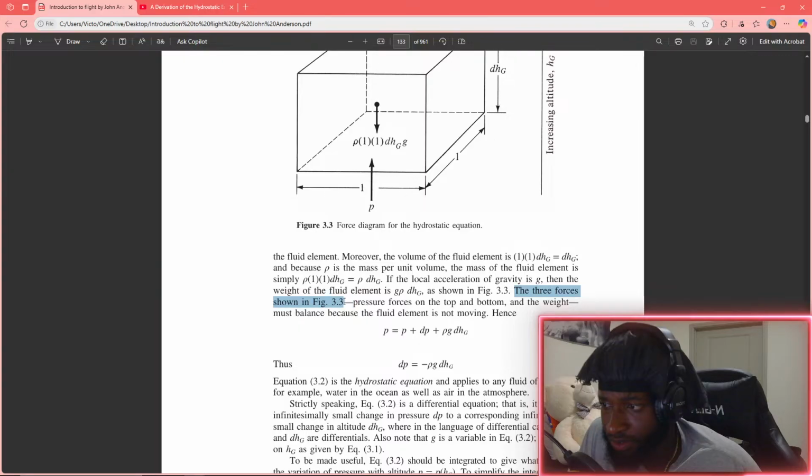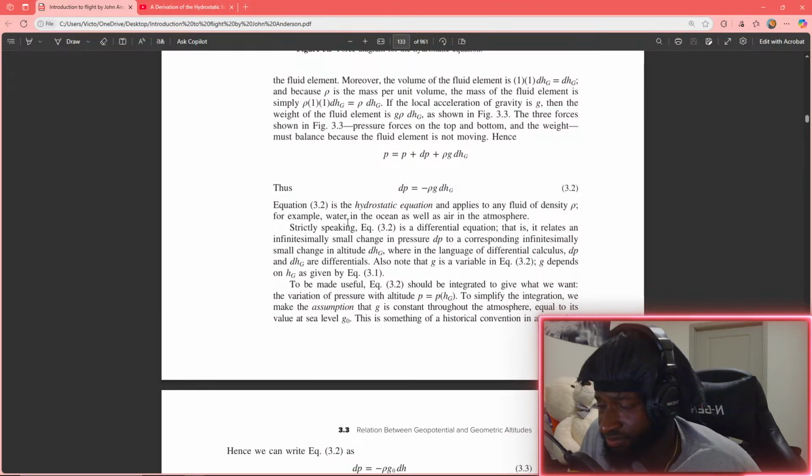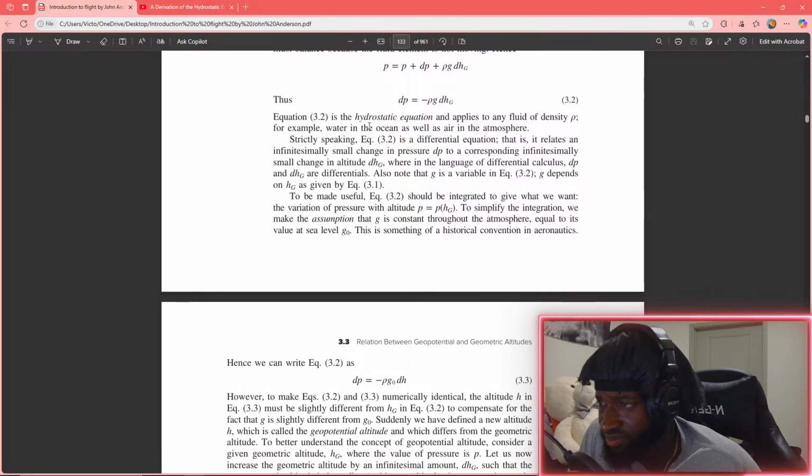Trying to figure 3.3 atomic and the weight must balance because the fluid is not moving. Okay. Any fluid of density on an ocean as well as area in the atmosphere.